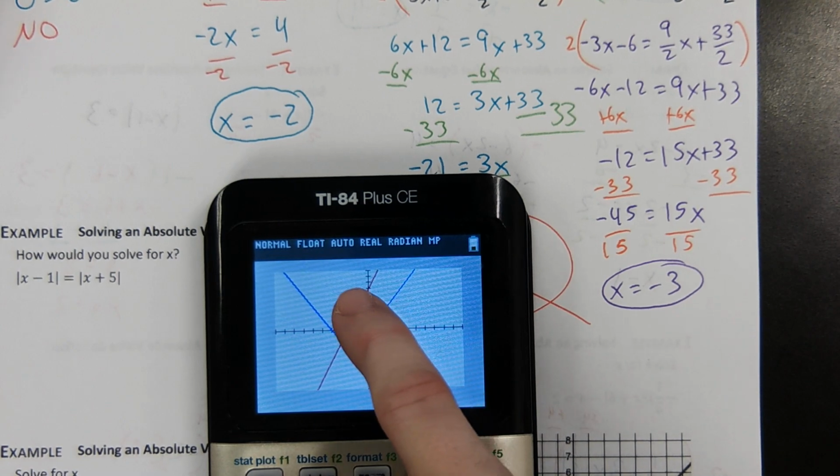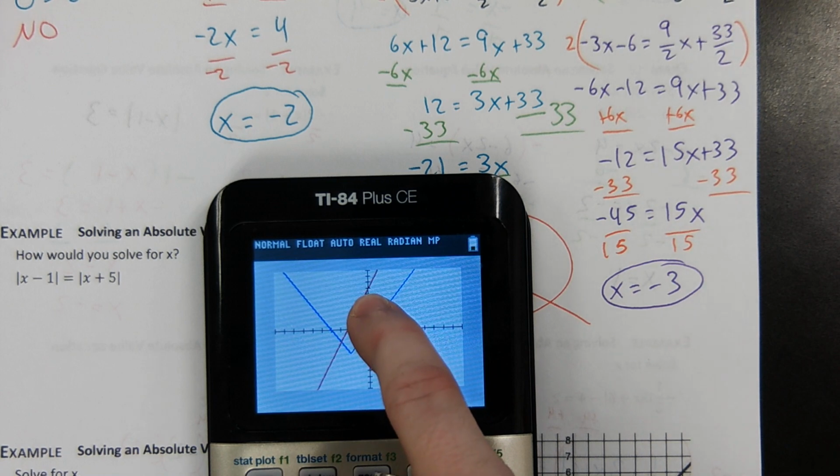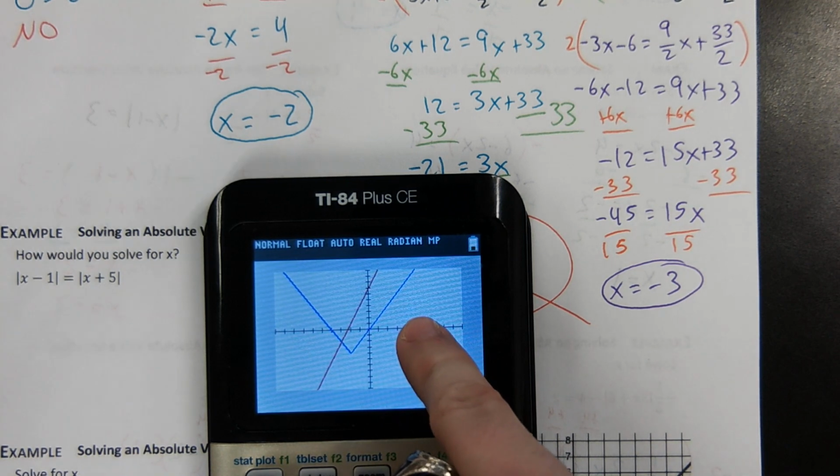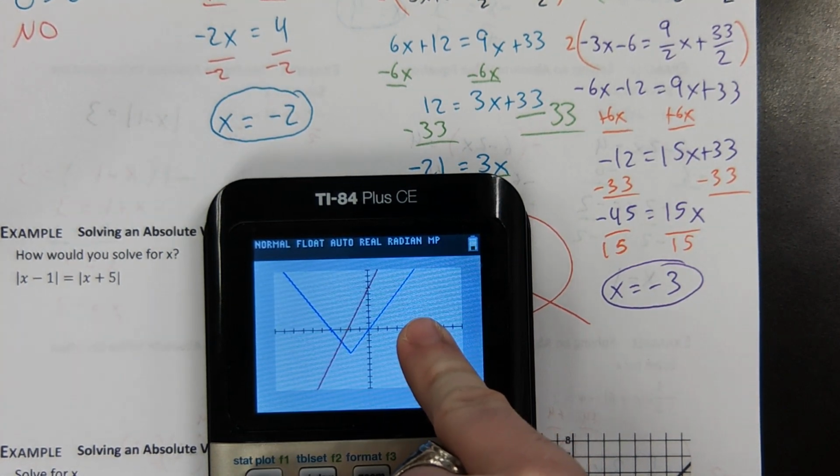And look at this blue line's slope compared to this red line's slope. Over here, they're both positive slopes, but the red line has a slope of +3, whereas the blue line has a slope of +2, which means the red one is going to get further and further away from the blue one the further to the right I go. So why was the math able to give me two solutions?